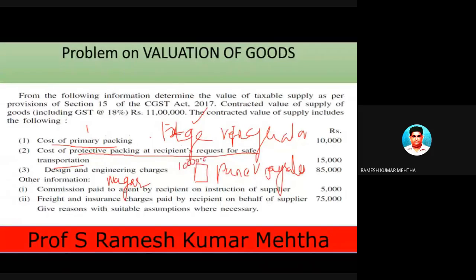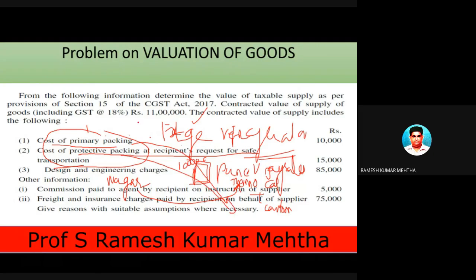So what does he do? Nagar is very far from Pune, so it has to be transported, it has to be insured, it has to be properly packed. So Vijay Sales, the seller, will go for proper packing with the help of thermocol plus cartons. And as this is primary packaging, they go for another packaging called protective packaging, like wooden packaging.